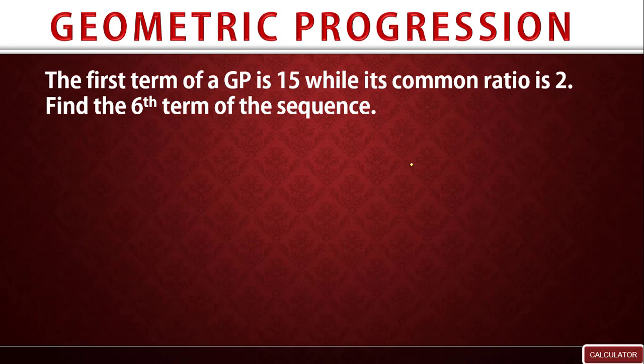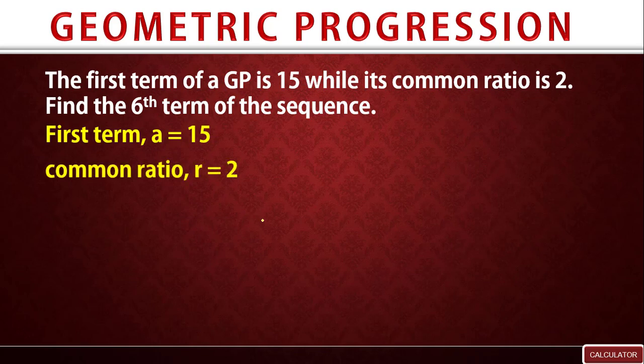That's a very important thing you need to do, and that is what will guide you to use the formula in a proper way. So let's see right now. We're given the first term of this GP to be 15, so write it down. First term A equals 15, and then we're also given the common ratio, which is R, to be 2.